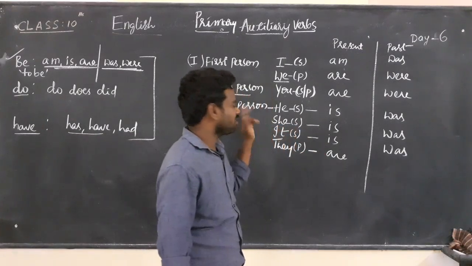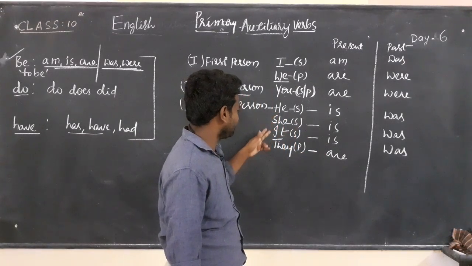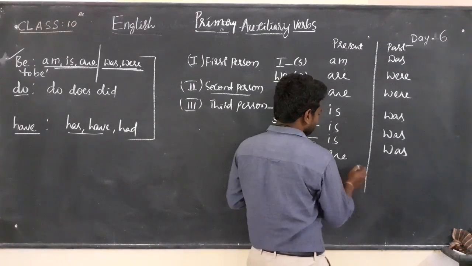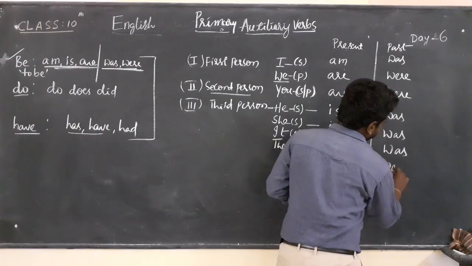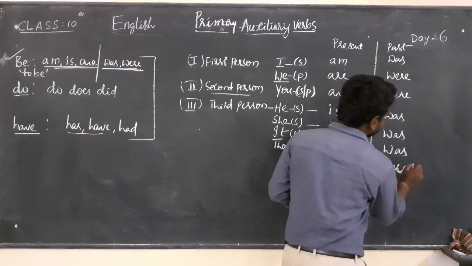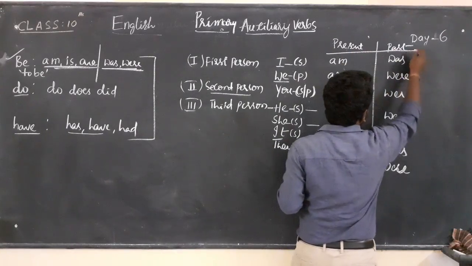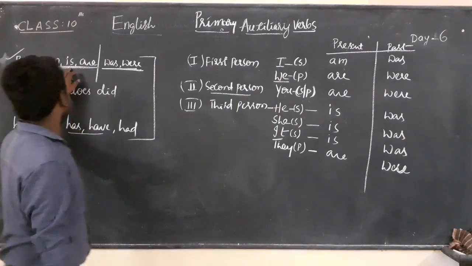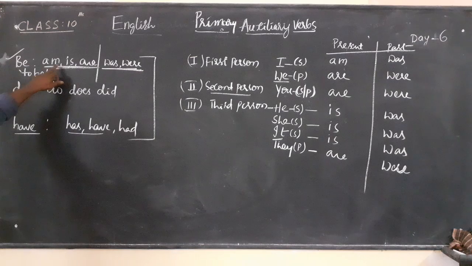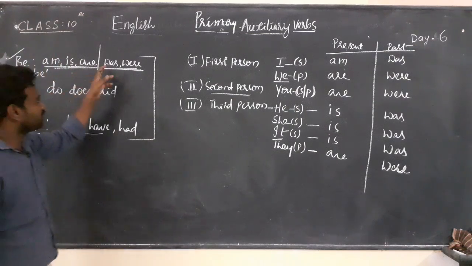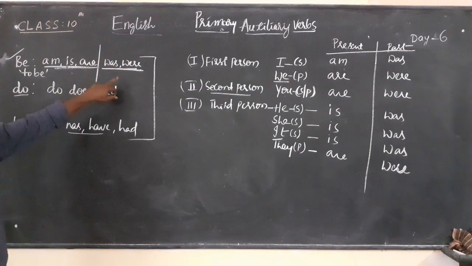The was always goes with he, she, it. When it comes to they, they were. So now you see present and past. Am, is, are we use in present tense. Was, were we use in past tense.